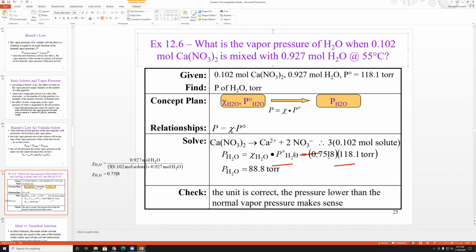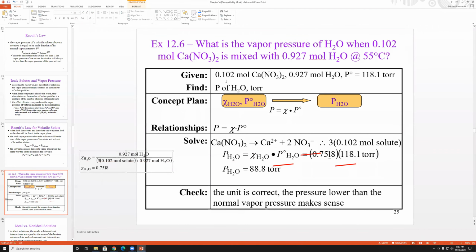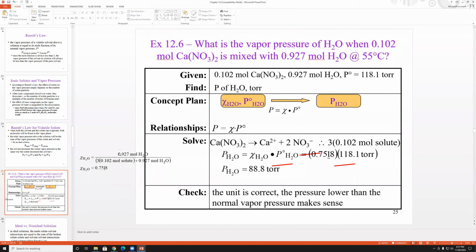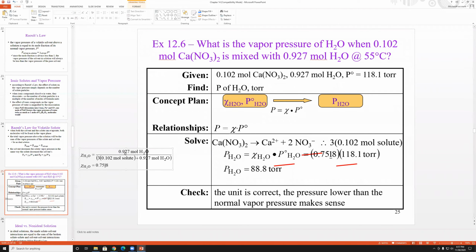Well, you don't have to figure it out for the calcium nitrate. You just figure it out for the water because that's how you're going to figure out the new vapor pressure of the water. So you know that you have 0.927 moles of water.